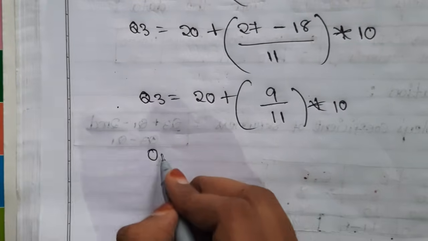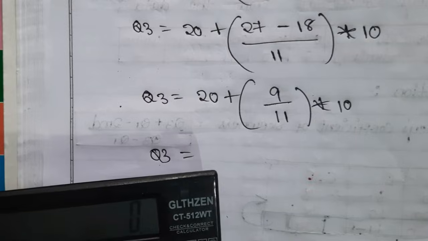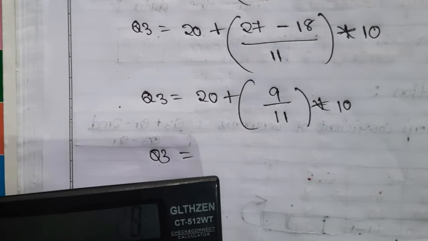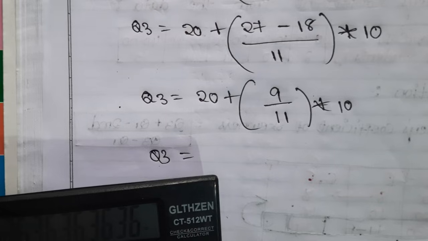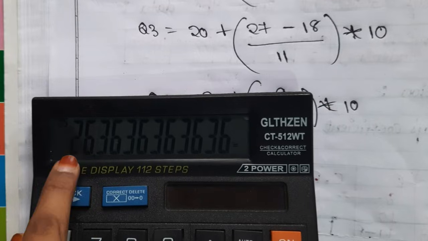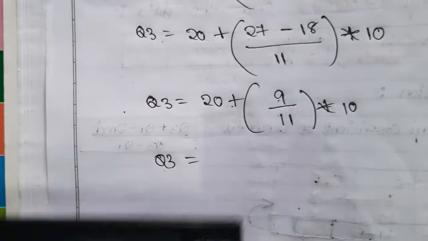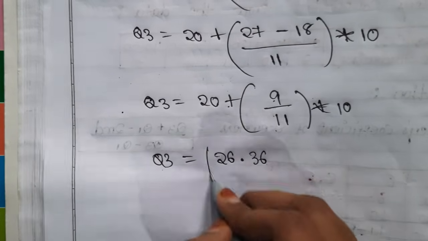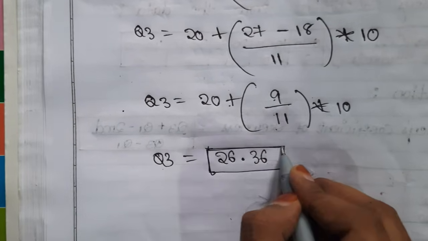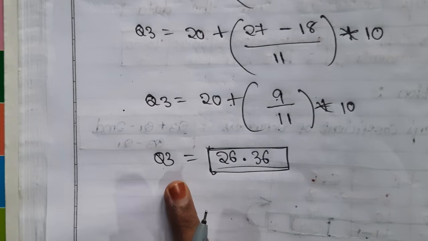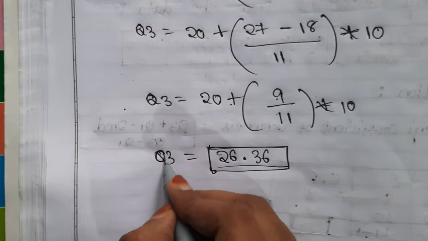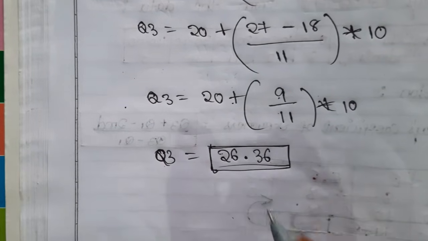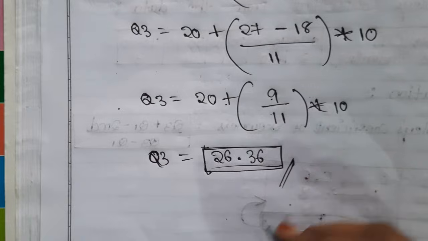Do the calculation now. 20 plus 9 divided by 11 into 10. How much did you get? Yes, we got 26.36. This is our quartile 3. Our Q3 is 26.36. So we found Q3.